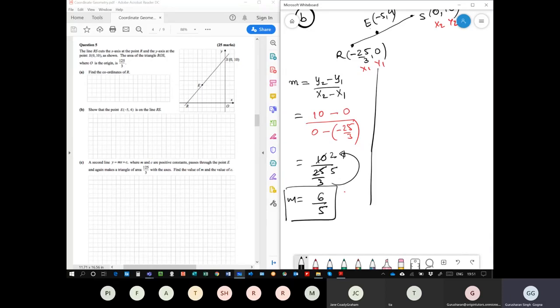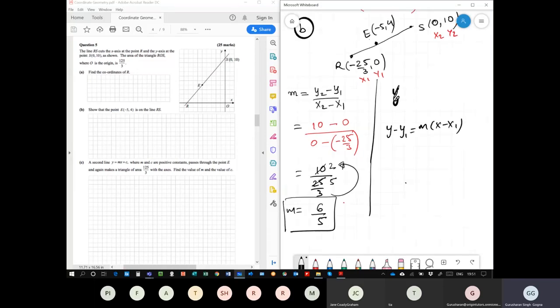And now how to get the equation? Y minus y1 equals to m x minus x1.